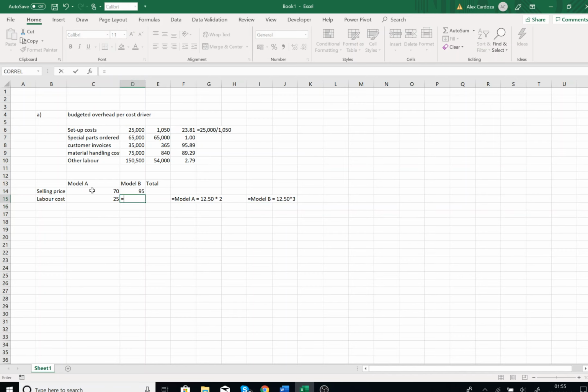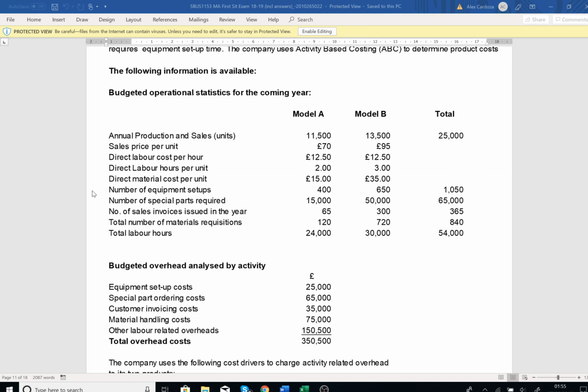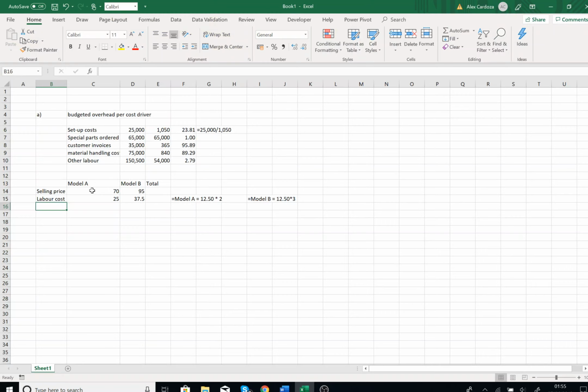And then you've got your direct material cost, which is 15 material.